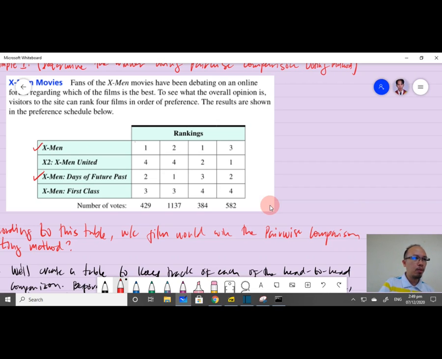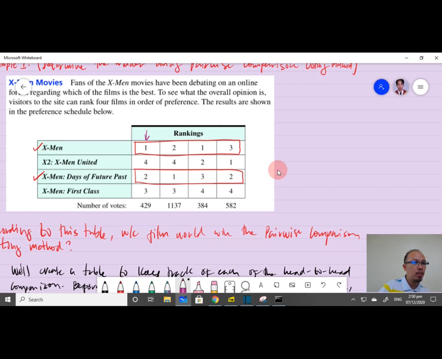All you have to do is compare this row here with these values. Compare this column here. From here, X-Men is favored over Days of the Future 1, 2.